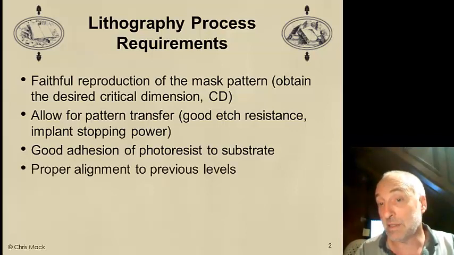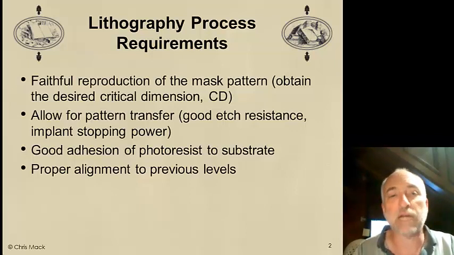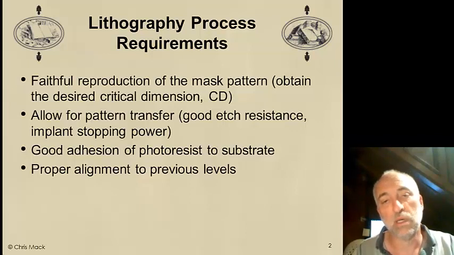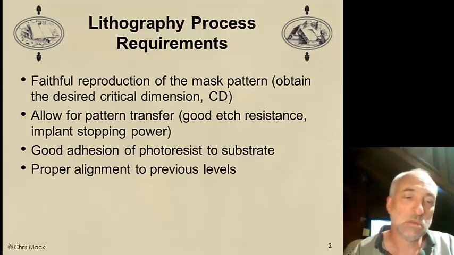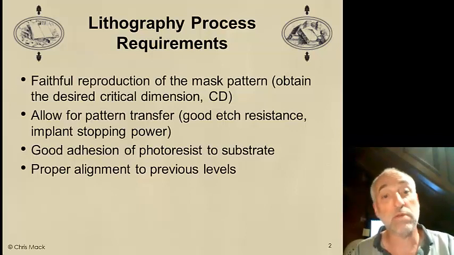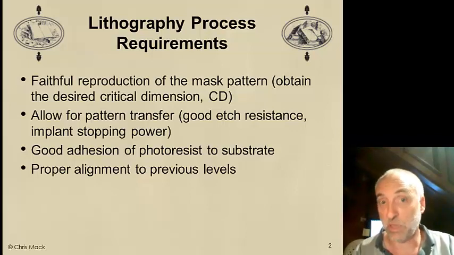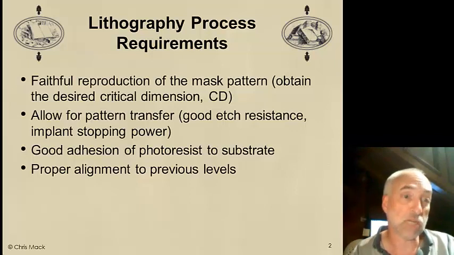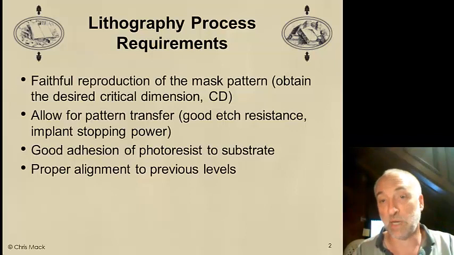Lithography is not done alone. It's done as part of the overall process of chip making, and we do lithography multiple times. Typical DRAM processes might require 25 lithography steps to make the chip. A typical microprocessor or logic process might require 50 or 60 lithography steps to make the chip.